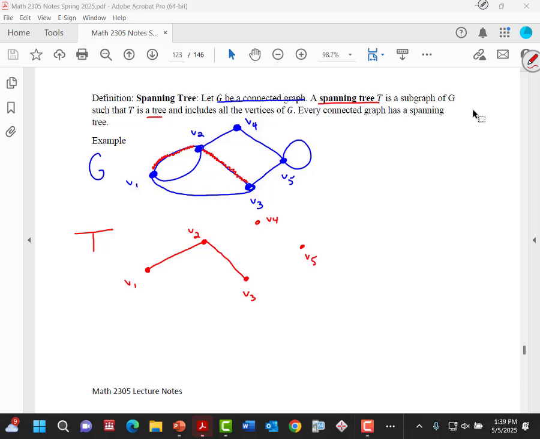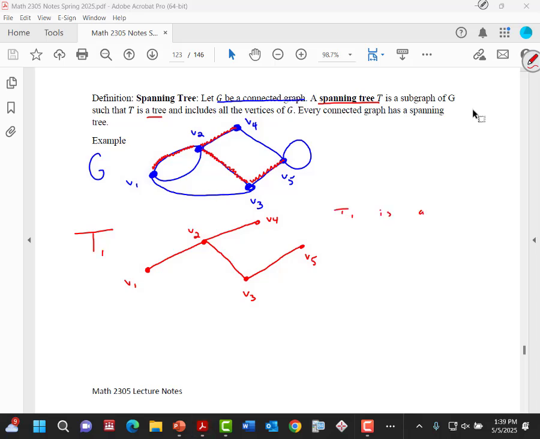I need to be able to get from V2 to V4. Okay. So this edge, like so. And then from V3 perhaps to V5. So this, I'll call it T1.